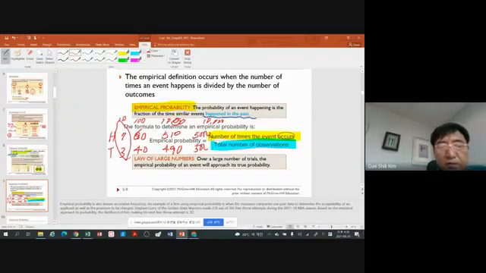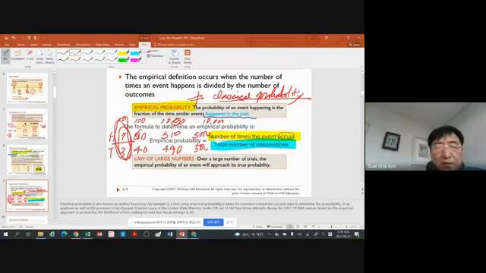Empirical probability is sometimes not equal to classical. When you're tossing a coin, the classical probability is half and half. The empirical result may be quite different. But when you repeat your experiment again and again, and your number of trials n increases, what will happen?